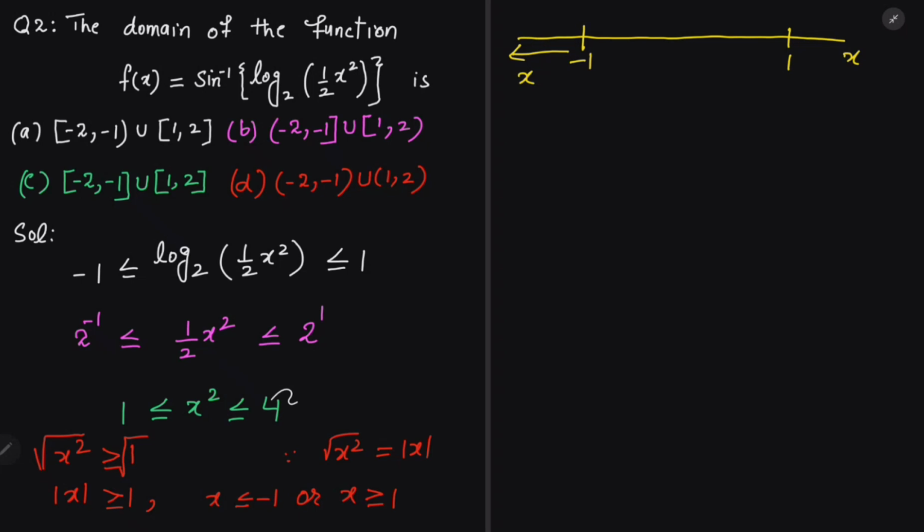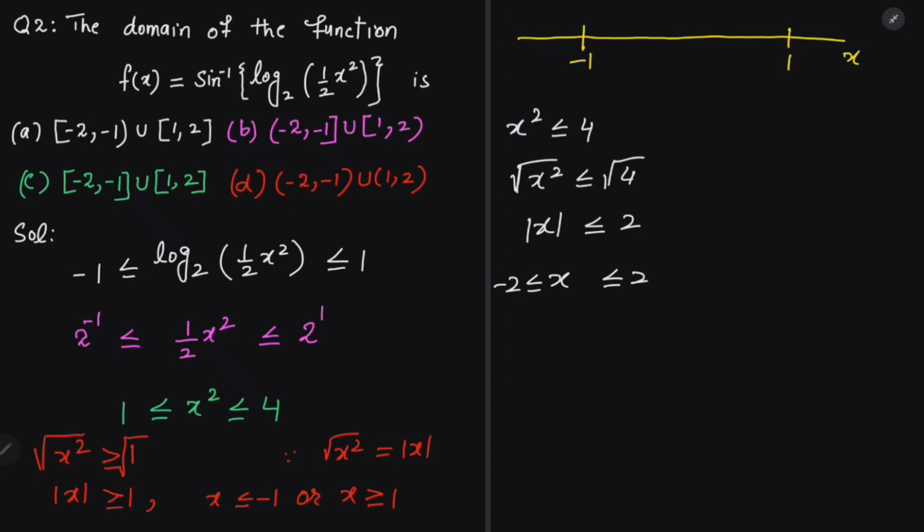Now the second inequality, x square less than or equal to 4, taking square root on both sides, the square root of 4 is 2, and mod x is less than or equal to 2, and according to the definition, x is between minus 2 and 2. So if we have, for example, minus 2, and here we have 2, so x is minus 2 to 2.